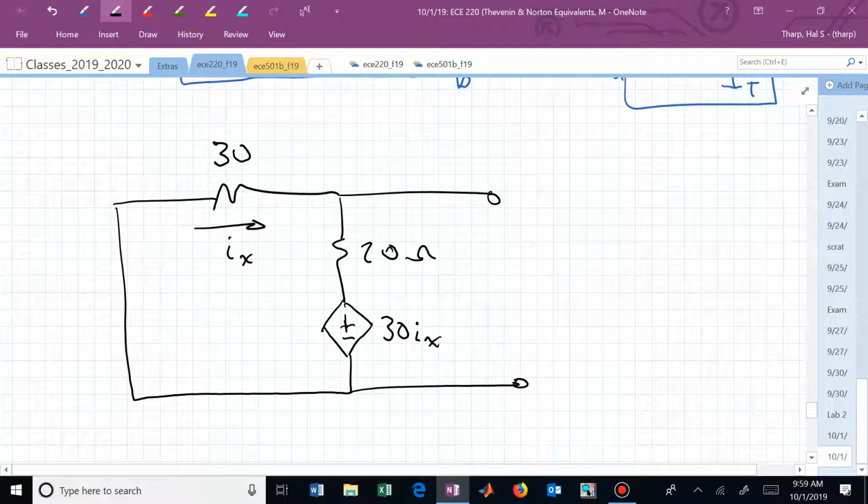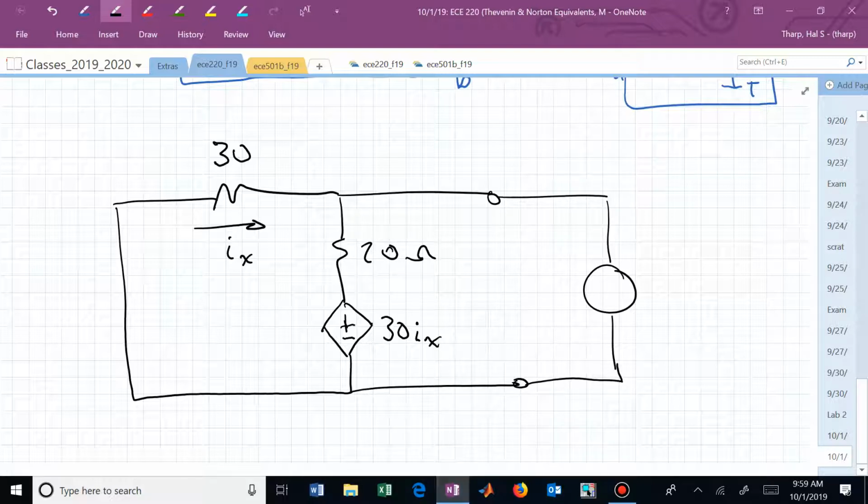And now what do we want to do? Well, what can we do? If I made this a 1 volt test source, does that already kind of tell me what's going on at A?